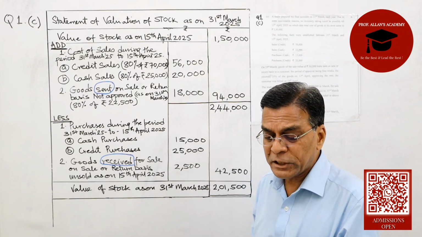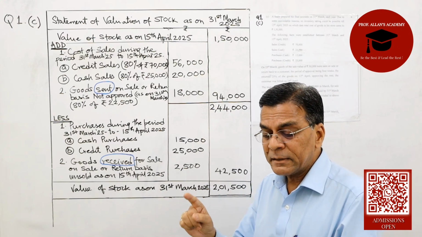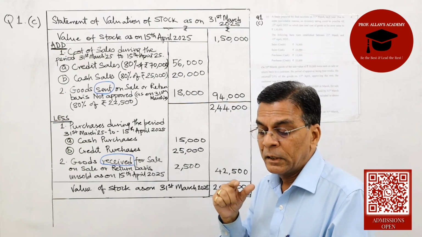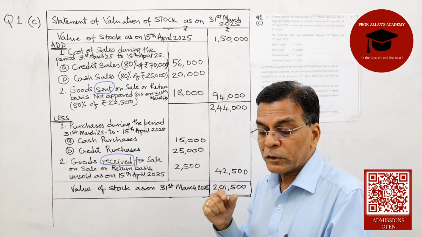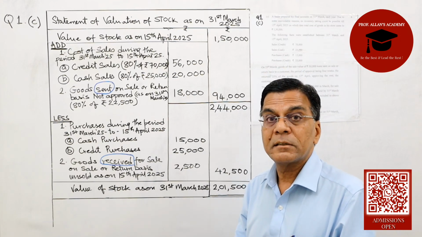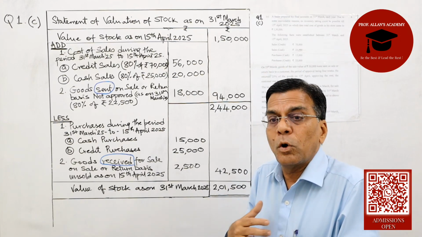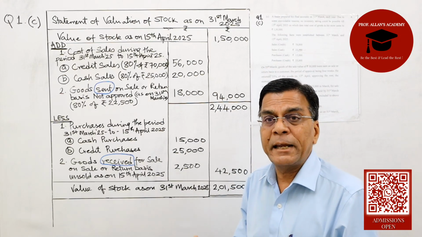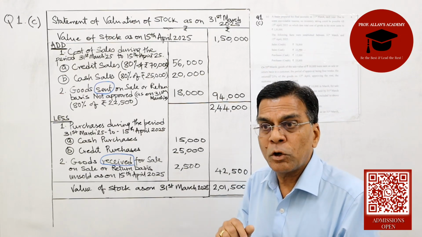There is another adjustment that's given. They're saying the trader has also received goods costing 10,000 in the month of March for sale on consignment basis. Now you have received goods on consignment basis. By the way, it is not your sale.